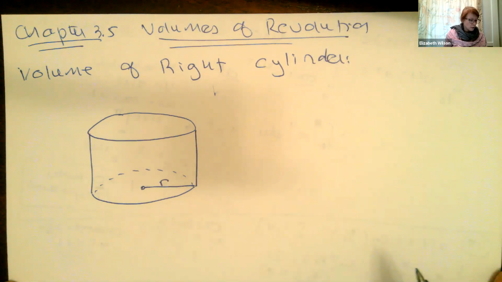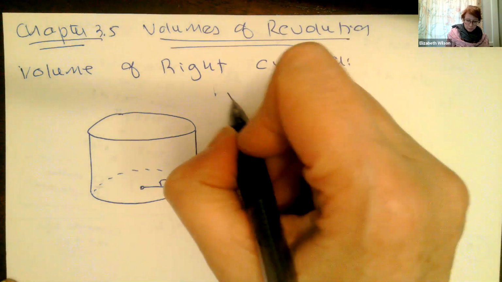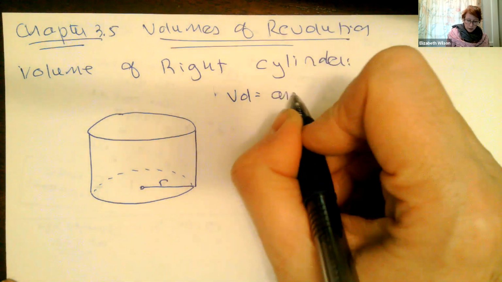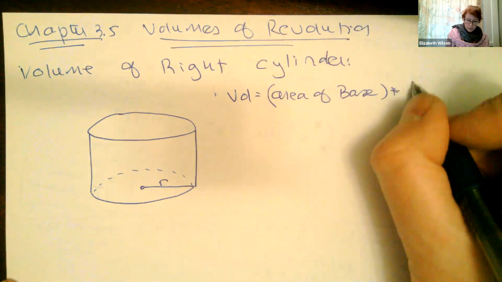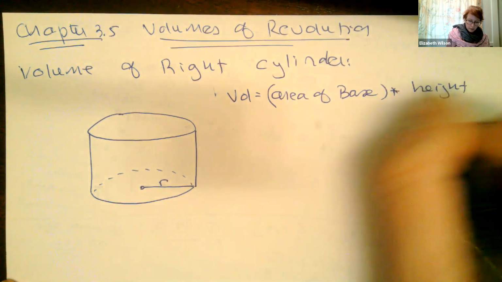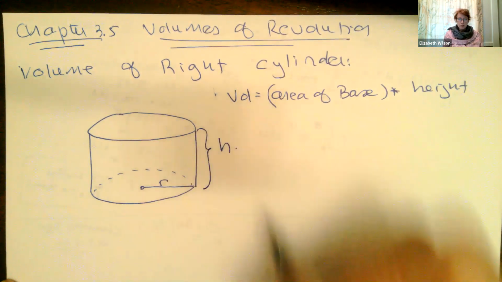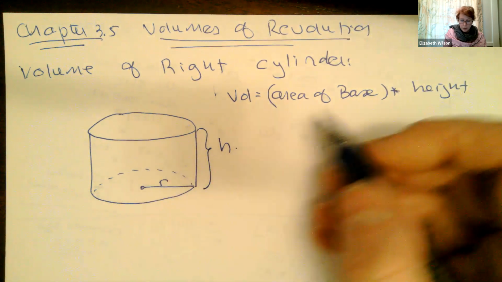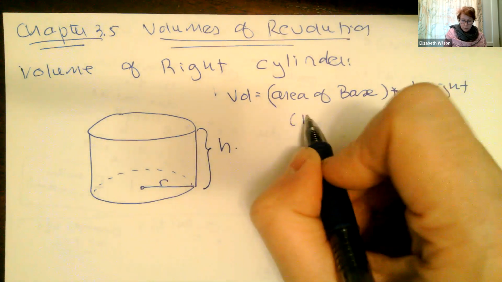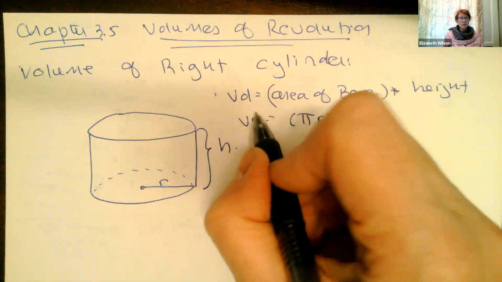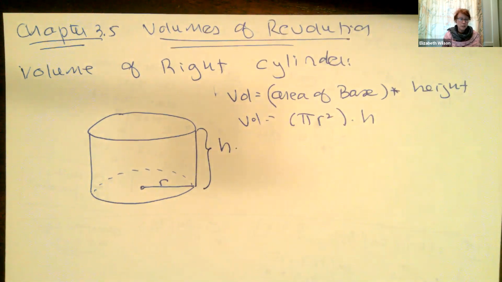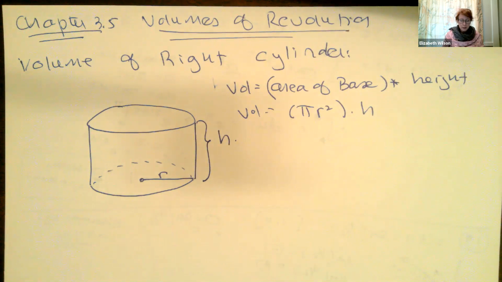So when we think about our volume, we're going to do the area of the base times the height, right? And our height is right here. Our area of the base, this is a circle, so the area of a circle is pi r squared, times our height, and that's going to give us our volume, right? So this is pretty straightforward. This goes back to our geometry days, right? So that's not so bad.